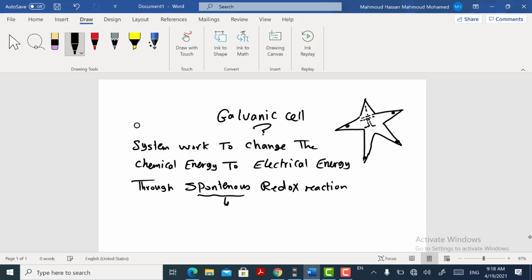Spontaneous means that an electric current is produced.